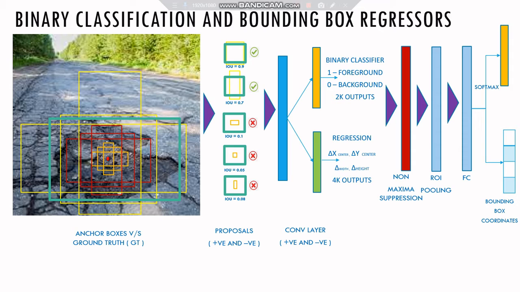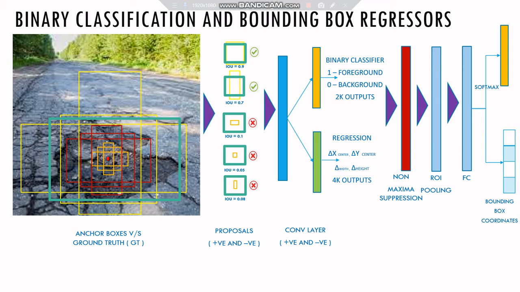The first one was classified as foreground, which means there is an object there, and the second one is background. This is the binary classification which was done, all based on the ground truth.